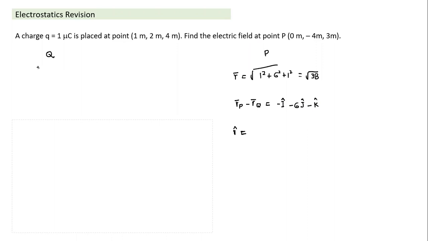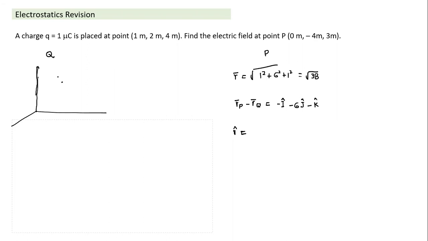there's a point where Q has some coordinate. Charge Q is placed at some point, and we want to calculate the field at some other point P here. What we should always understand is that any charge Q placed in space creates a field at all points in space.